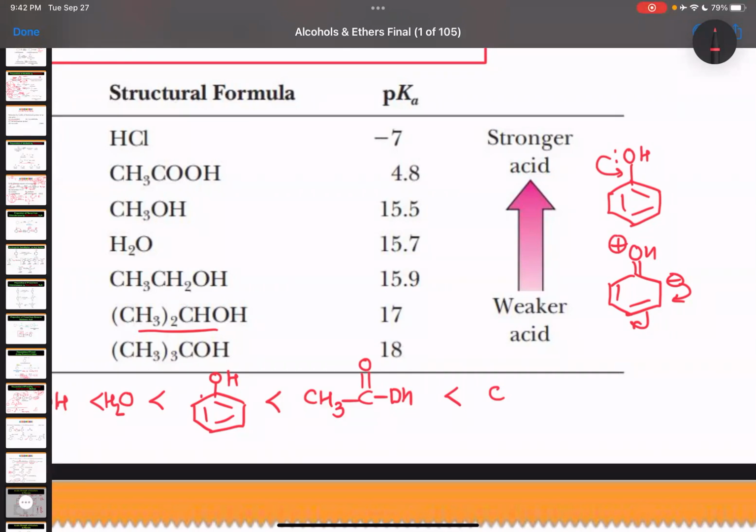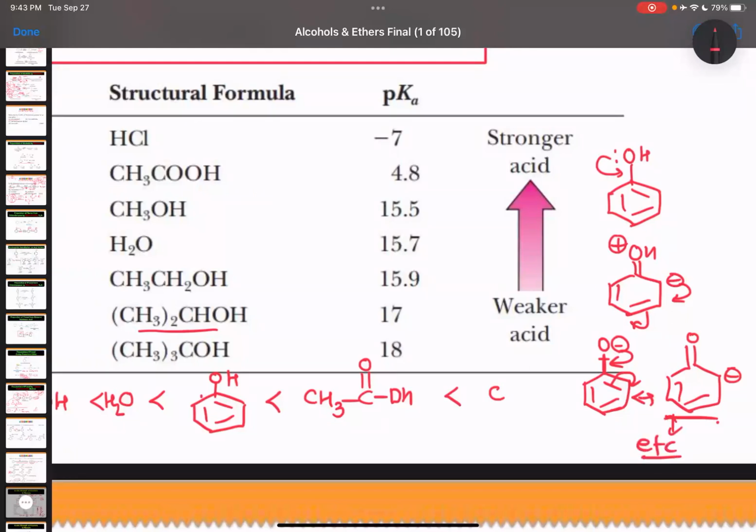Yes, sir. It means there is a separation of charge. But in the case of the phenoxide ion, it's just minus. And the fact is the phenoxide ion is more electron rich than phenol because this is O minus. Clear?